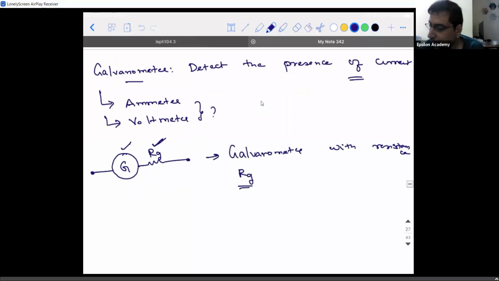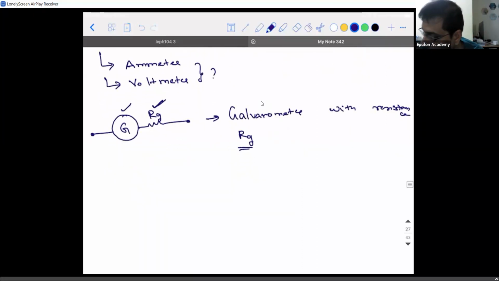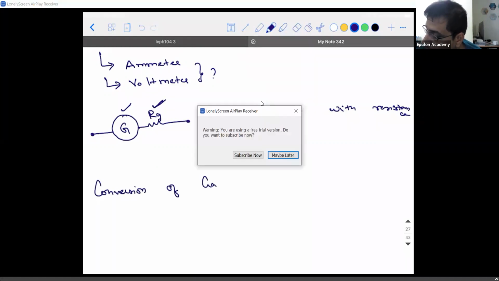Okay. Now I have certain questions, guys. Now if you talk about an ammeter, so the heading is conversion of galvanometer to ammeter.